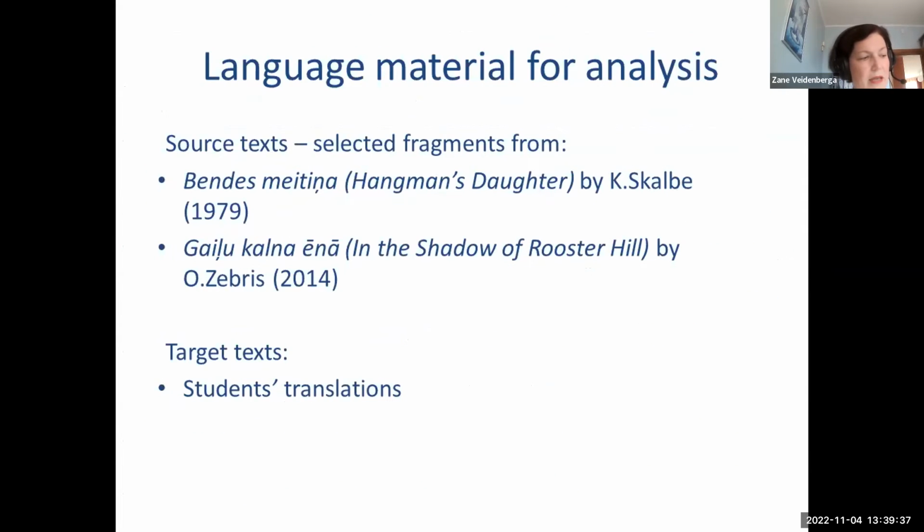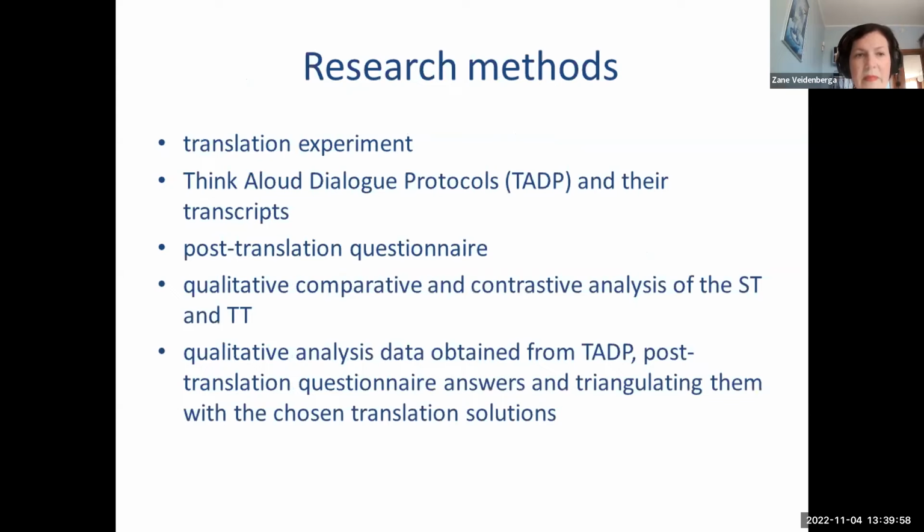The texts that students translated were fragments from Kārlis Skalbe's tale Bendesmeitiņa, Hangman's Daughter, and one chapter from Oswald Sebres novel Gaiļu kalna ēnā. And during the translation experiment, students recorded their think aloud dialogue protocols.